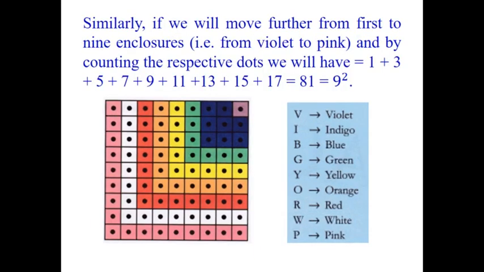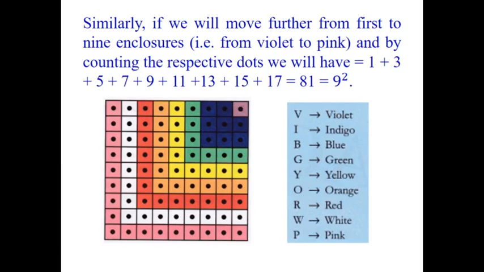Similarly, if we move further from first to 9 enclosures, that means from violet to pink, and by counting the respective dots, we will have 1 plus 3 plus 5 plus 7 plus 9 plus 11 plus 13 plus 15 plus 17, that is equal to 81, or that is equal to 9 square.